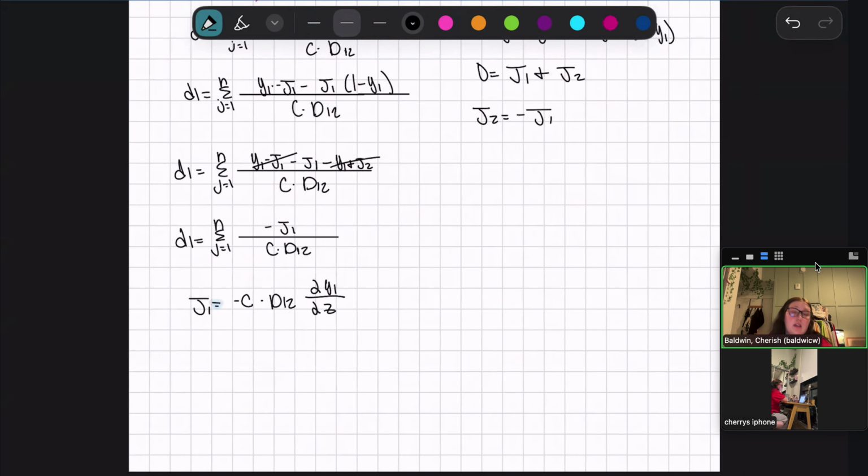And that makes sense because Fick's law doesn't work for more than 2 components that are ideal gases.